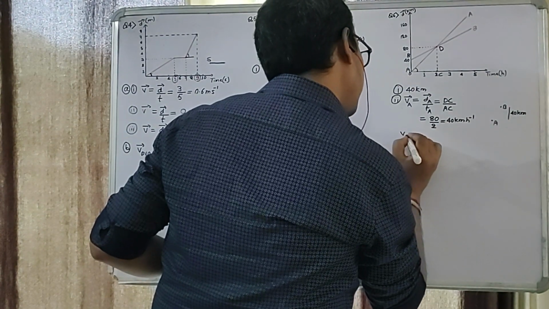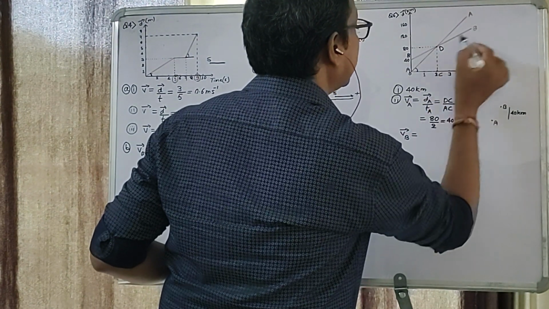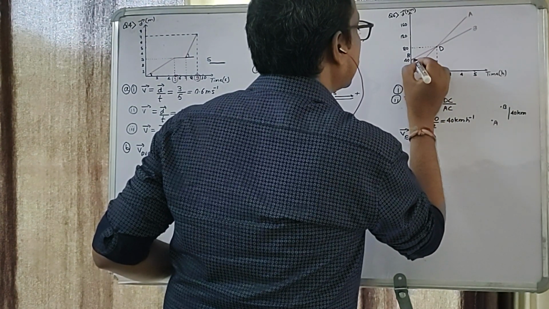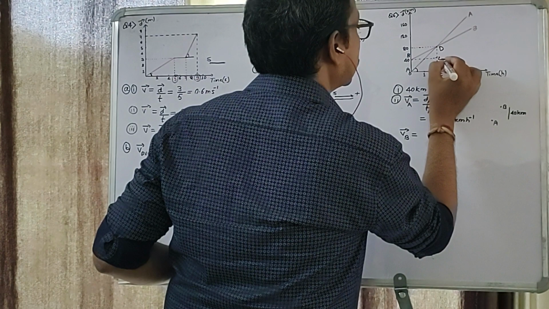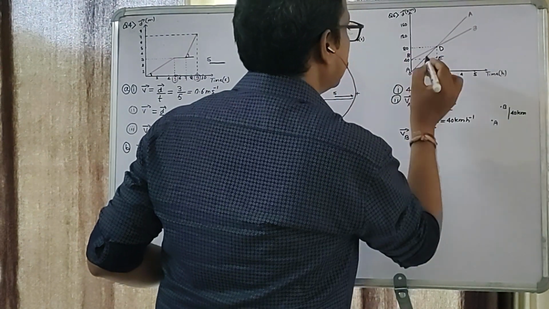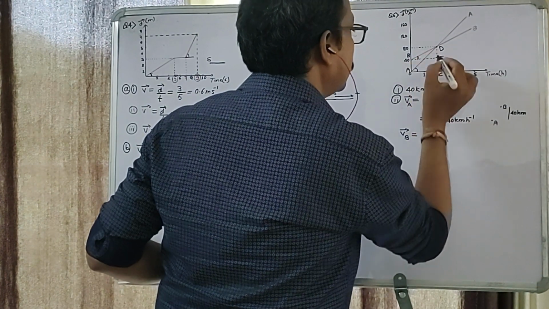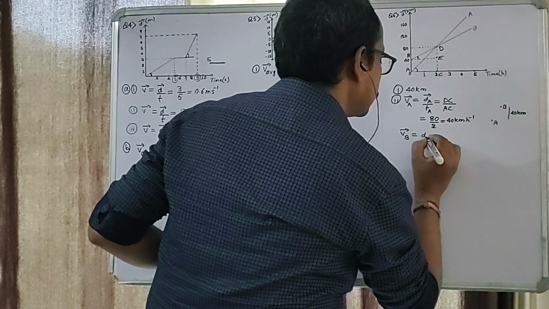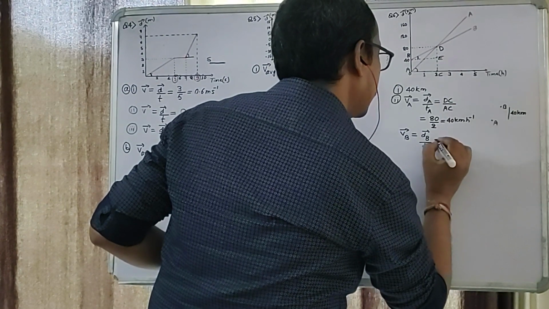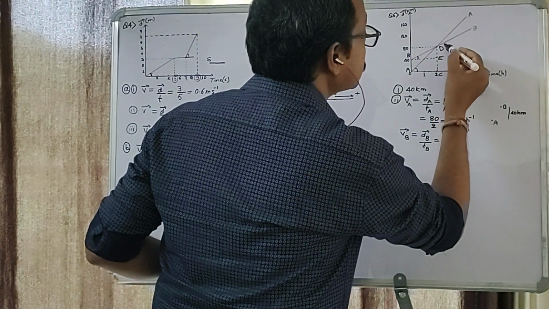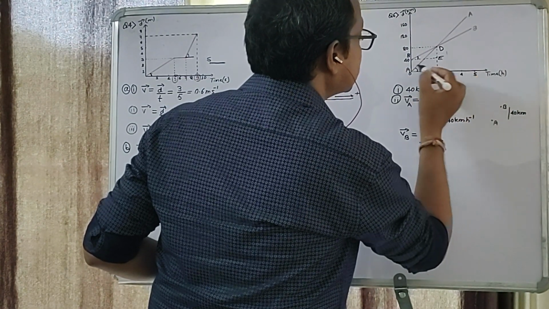And what is the velocity of car B? For car B, we need to draw an extra line parallel to this. Let us take this point as E. For car B, the slope is the displacement made by car B by the time taken by car B. This distance, D to C, is 80 kilometers, and E to C is the same as 40 kilometers.